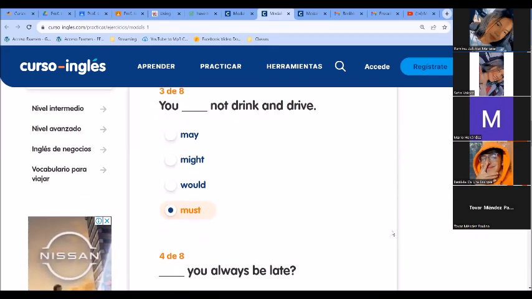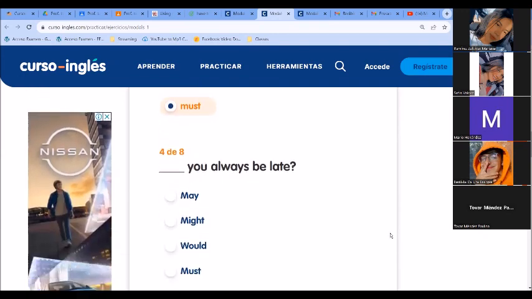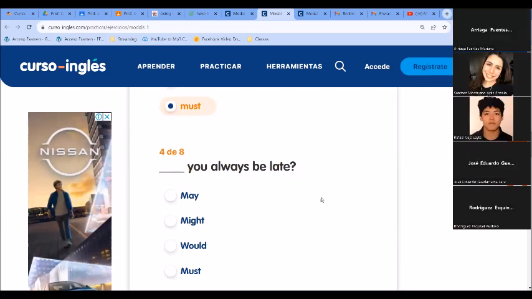Exactly. It is forbidden, against the rules. All right, let's go back to the beginning. I believe Ariaga Fuentes.